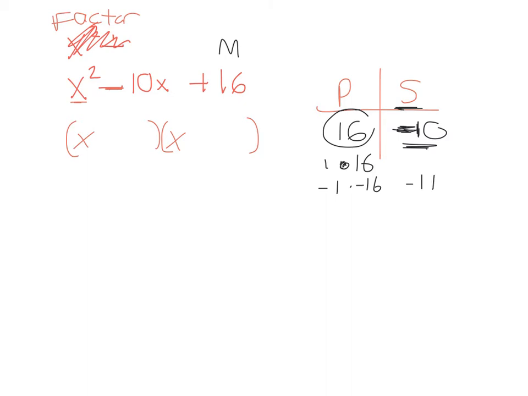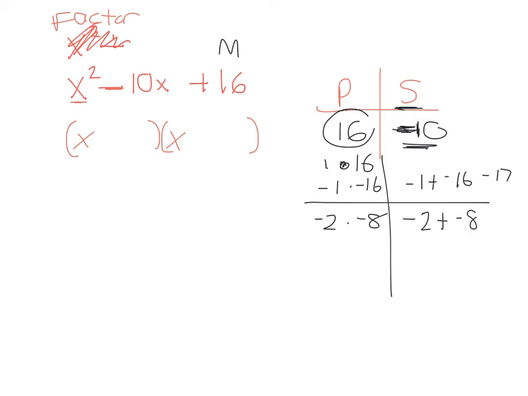And if you add it together, it gives a negative 17. Okay, so it's not the one we're looking for. We go on to the next one. Negative 2 times negative 8. When I add them together, negative 2 plus negative 8, that does give negative 10.